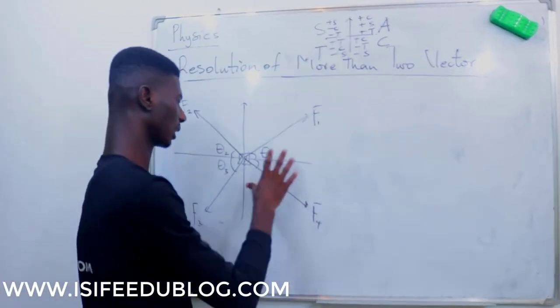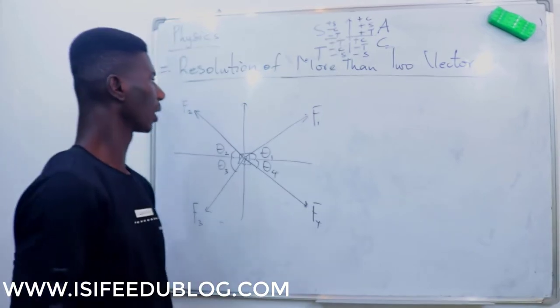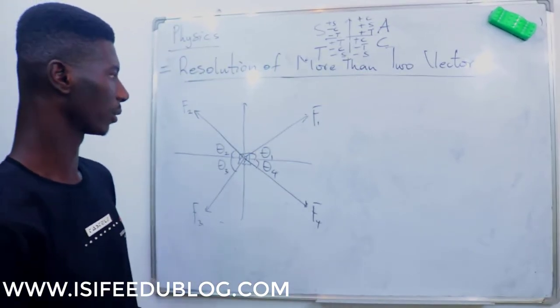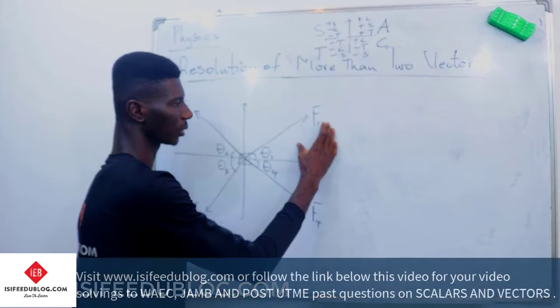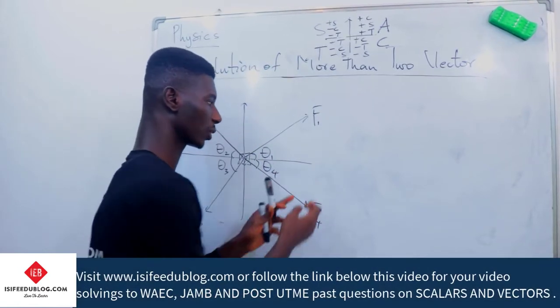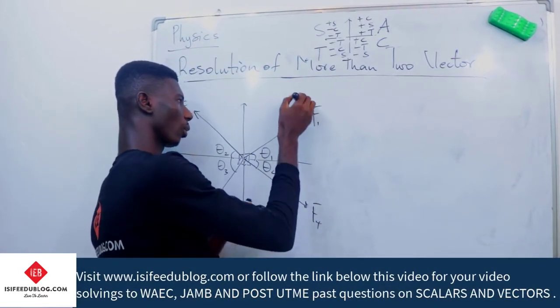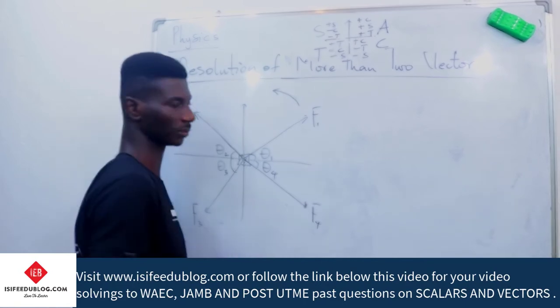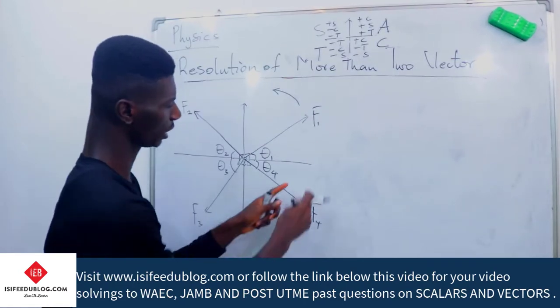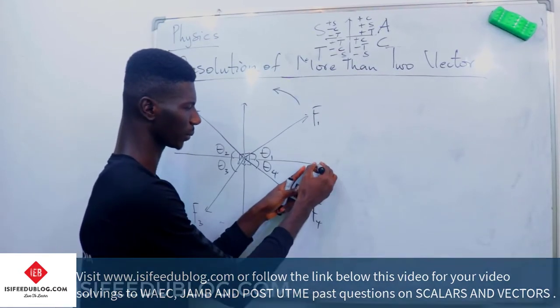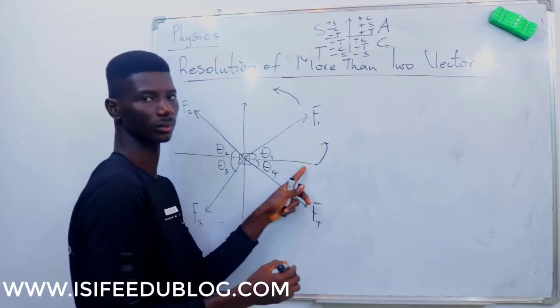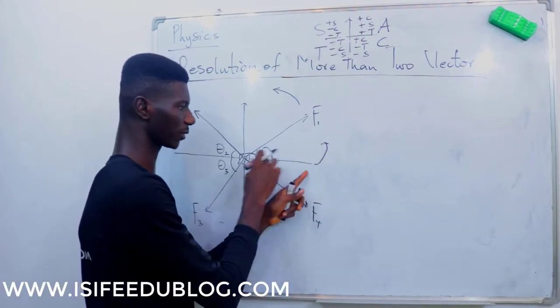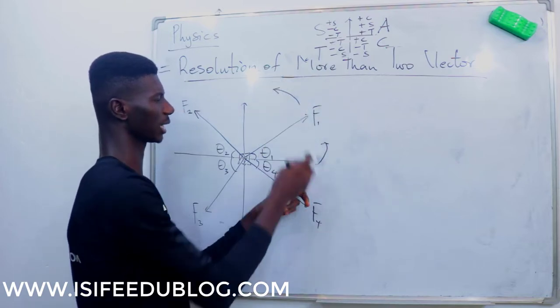Now, this is very important in solving vector problems if you want to resolve. Anytime you are doing vectors, always go anti-clockwise. There is no vector here, so you start from the origin and go.